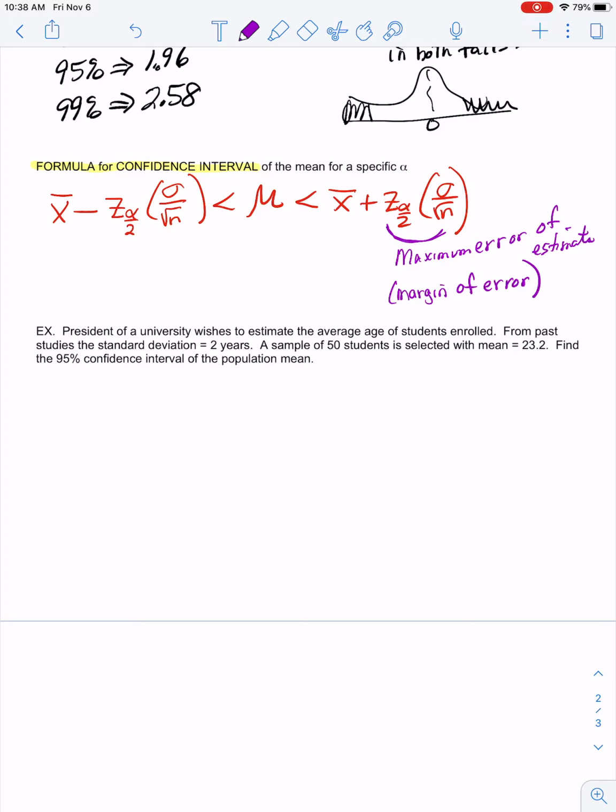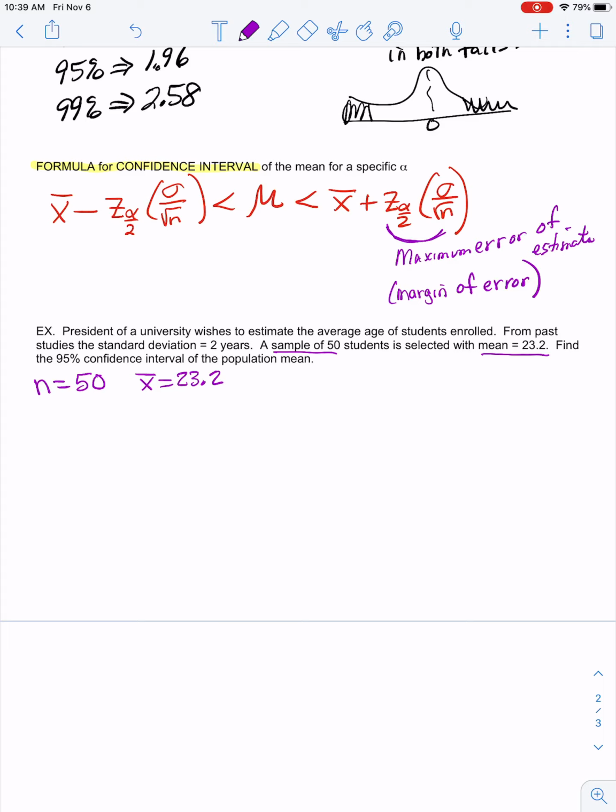All right, so what do we know? We need to know n. N is your sample size, in this case 50. The sample mean is 23.2. And the standard deviation should be in here somewhere.